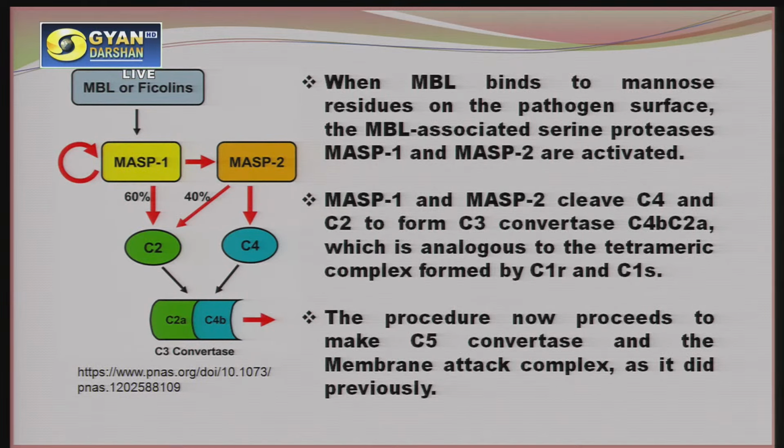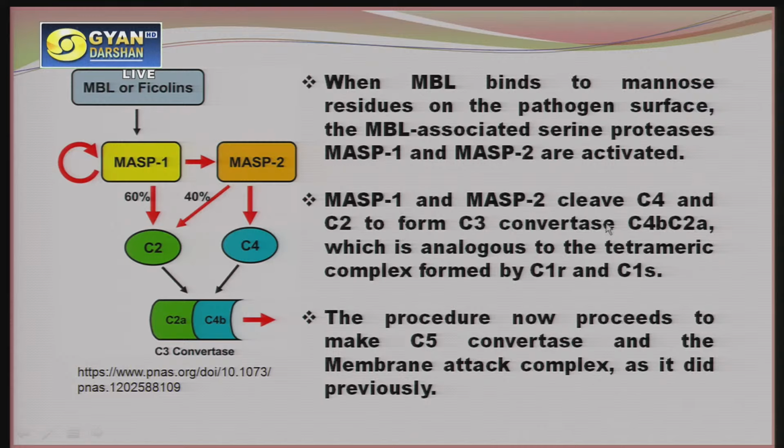When the mannose binding lectin binds to the mannose residues on the pathogen surface, the mannose binding lectin associated serine proteases MASP1 and MASP2 are activated. Both are activated, and the mannose associated serine proteases 1 and 2 cleave C4.